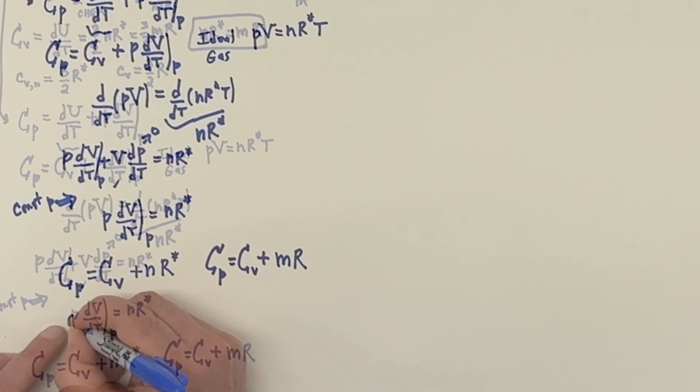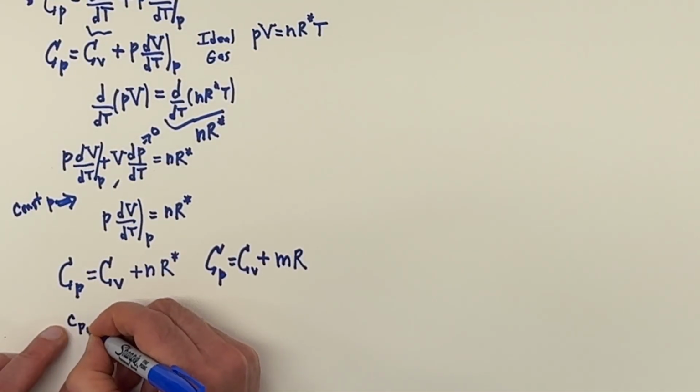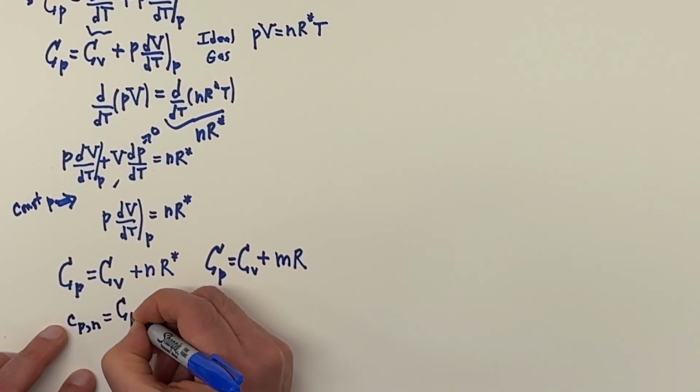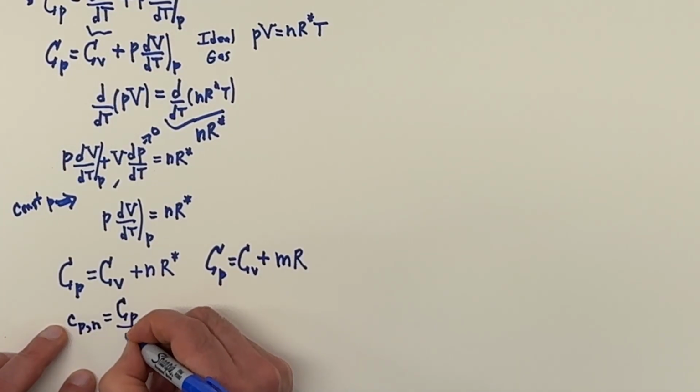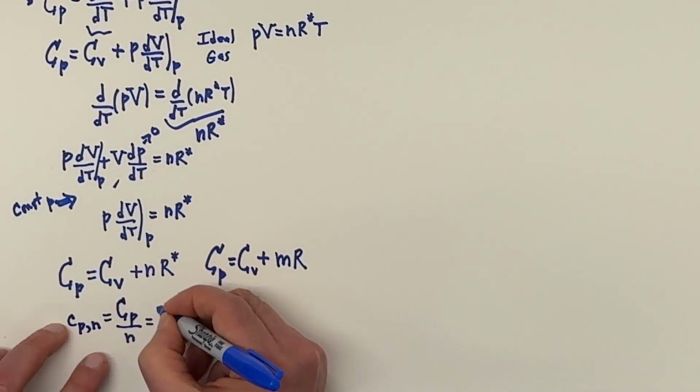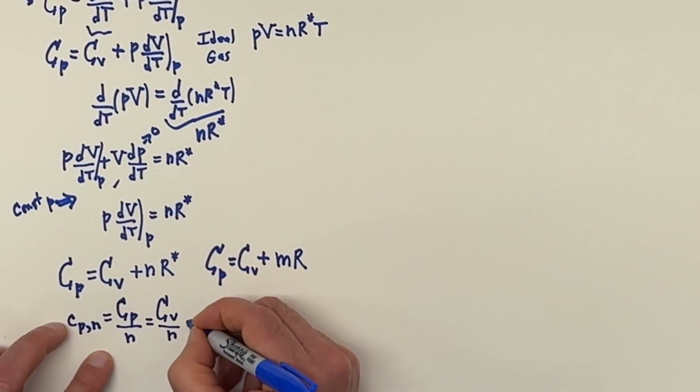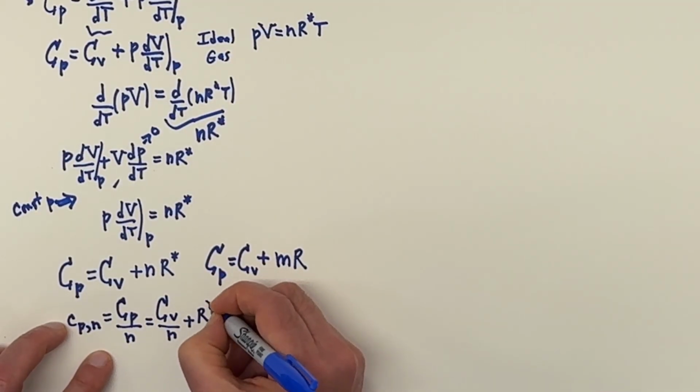So little Cp, and I'm going to emphasize that that's moles, put an n there. You take the big Cp and divide by n. So if we do that, we'll have the big Cv divided by n plus R star.